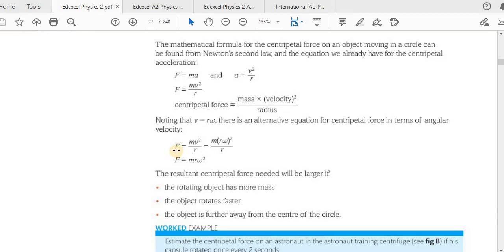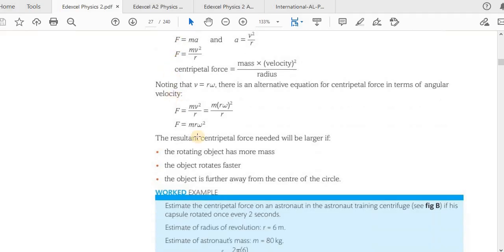Now if the speed is greater, then the centripetal force needs to be greater to keep it moving in that same circle with the same radius. The object is further away from the center of the circle. So the centripetal force needed will be larger if the rotating object has more mass, if the object rotates faster, or if the object is further away from the center of the circle.